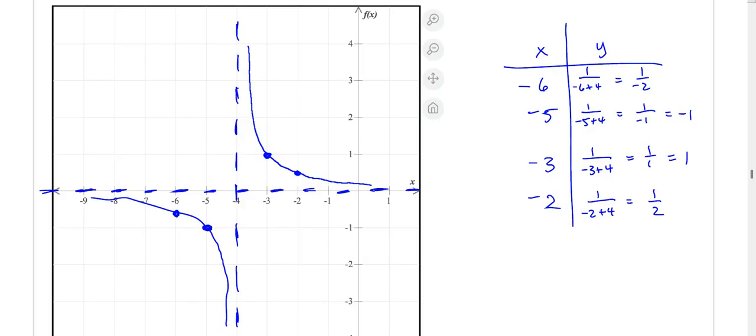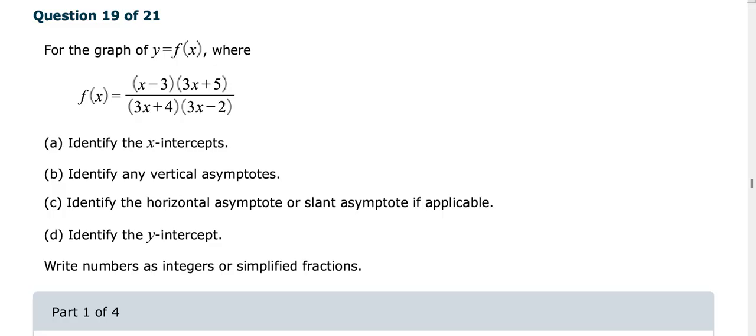Number 19, for the graph, you've got f of x equals x minus 3 times 3x plus 5 over 3x plus 4 times 3x minus 2. Find the x-intercepts. X-intercepts where the numerator equals 0.